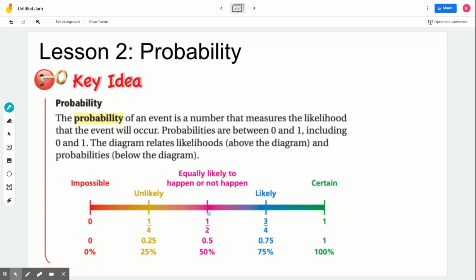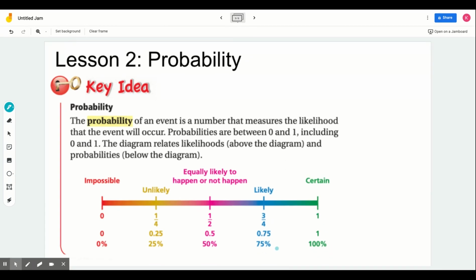These likelihoods are not exact, but we can see kind of where they would fall in the probability of 0 to 1. As we become more certain, we're approaching that 1 or that 100%. We can write probabilities using fractions, decimals, or percents.